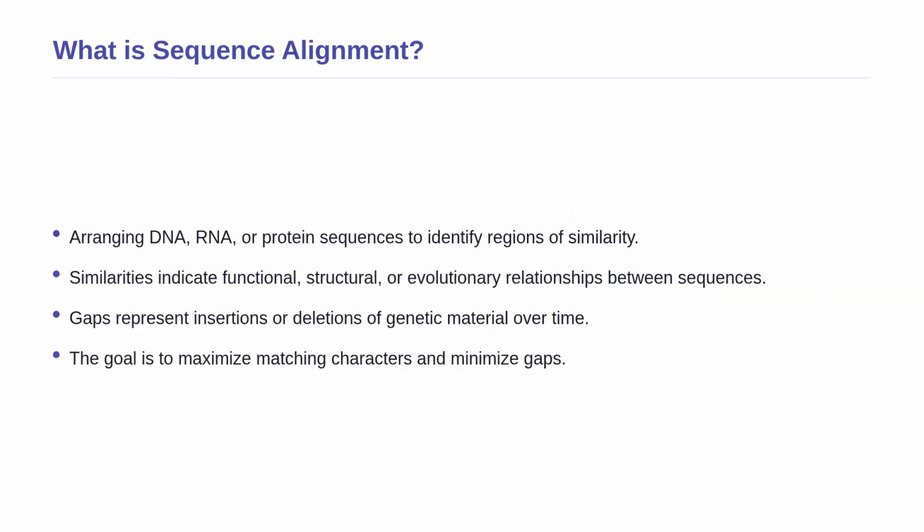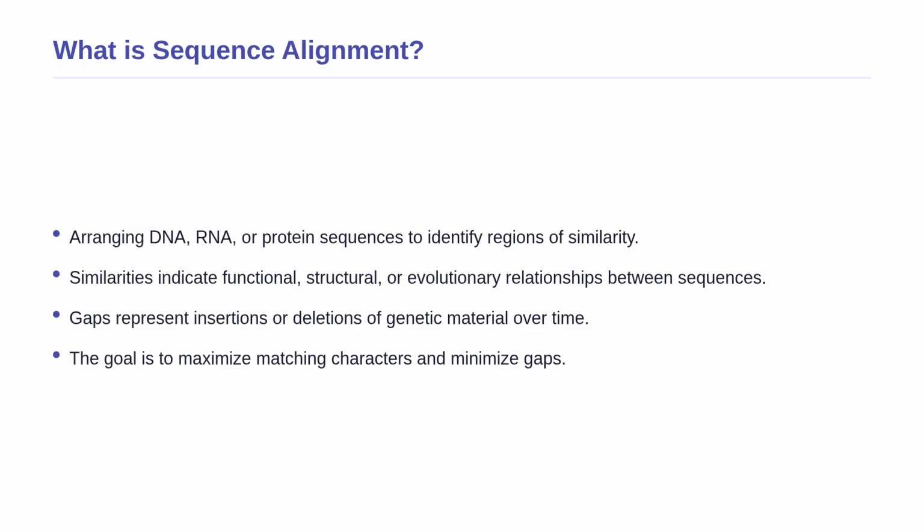Now that we understand the basic idea of comparing recipes, let us look at how it applies to biology. Formally, sequence alignment is the process of arranging two or more biological sequences, such as DNA, RNA, or proteins, to identify regions of similarity. Why do we care about these similarities? Because they often indicate crucial functional, structural, or evolutionary relationships between the sequences.